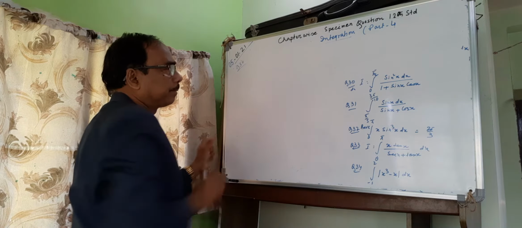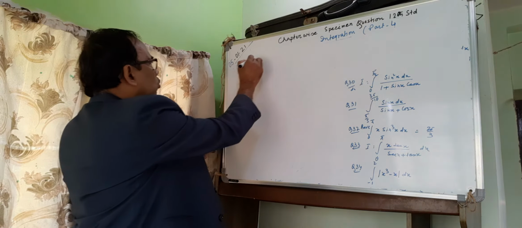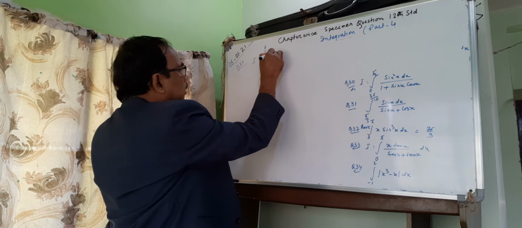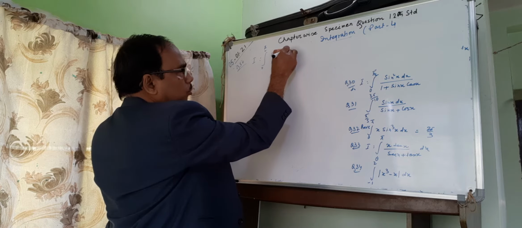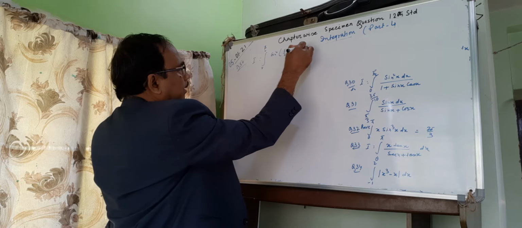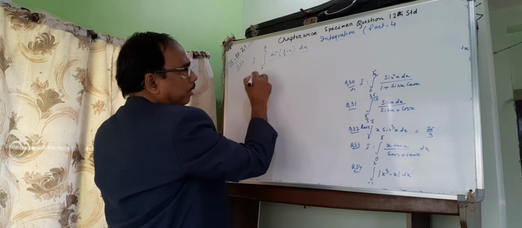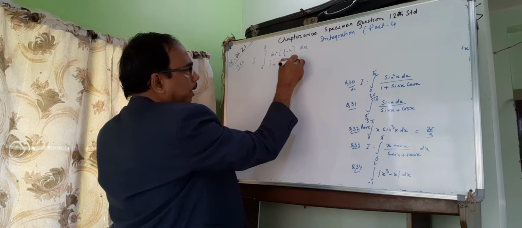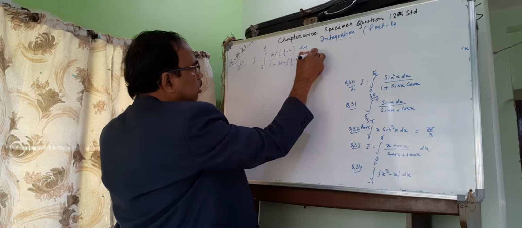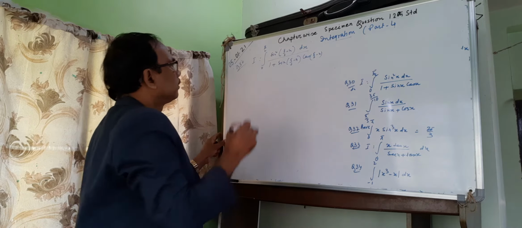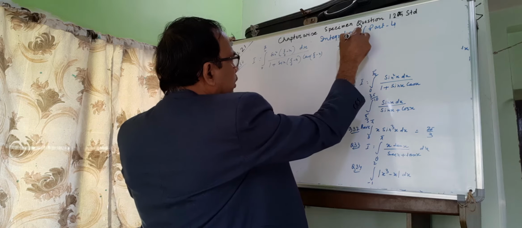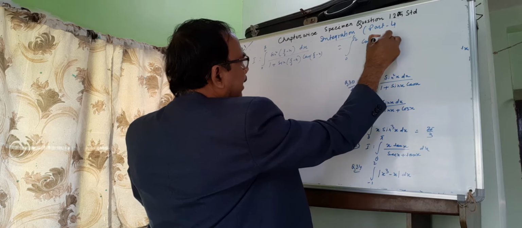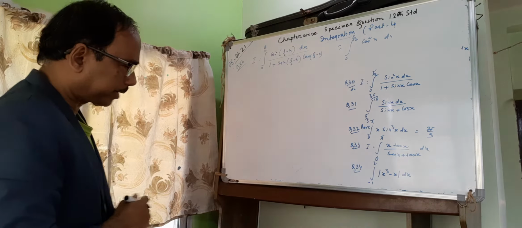Taking the limit I equals 0 to pi by 2 sine square pi by 2 minus x dx over 1 plus sine pi by 2 minus x cos pi by 2 minus x. That equals 0 to pi by 2 cos square x dx, since sine of pi by 2 minus x is cos x.